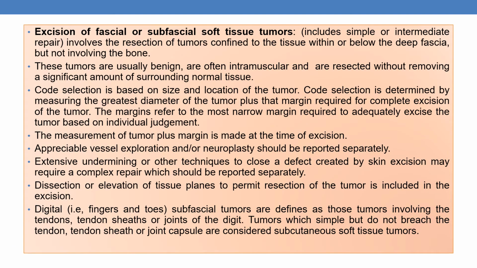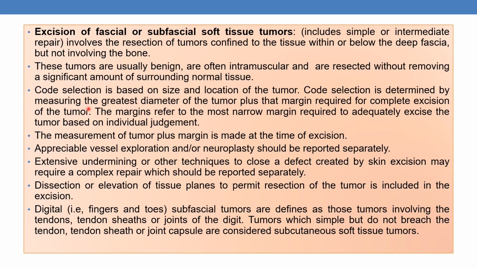Coming to excision of facial or subfacial soft tissue tumors. This also includes simple and intermediate repair, and involves the resection of tumors confined to the tissue within or below the deep fascia but not involving the bone. These tumors are usually benign, often intramuscular, and are resected without removing a significant amount of surrounding normal tissue.